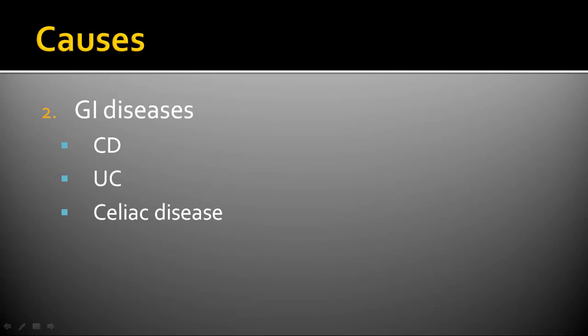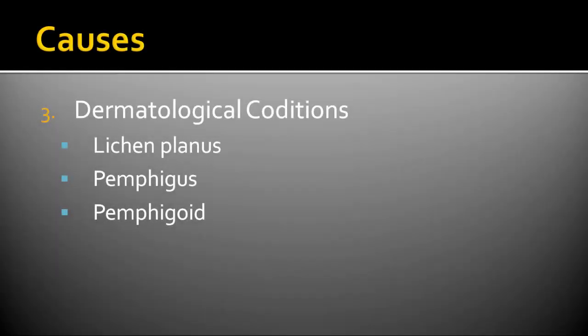Multiple GI diseases also involve oral ulcers like Crohn's disease, ulcerative colitis, and celiac disease. Dermatological conditions which include oral ulcers are lichen planus, pemphigus, and pemphigoid.